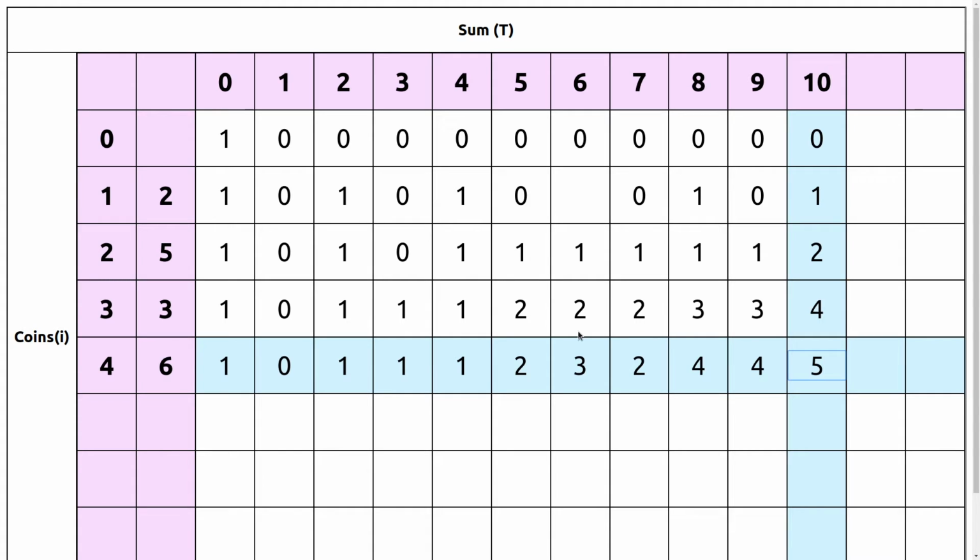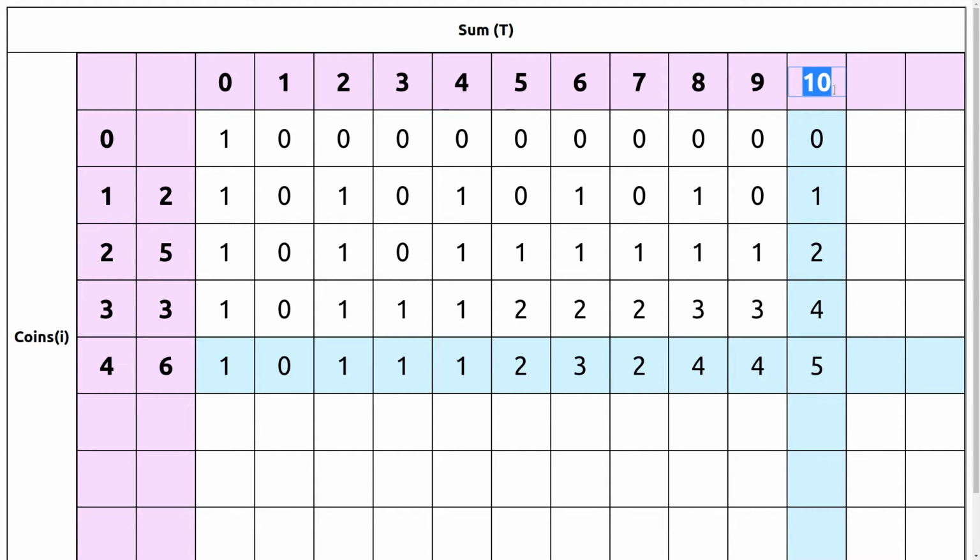Okay, here if you look at how we were using the memory space, for filling the values of every cell, we were looking at only two values. One is the value in the previous row and the value of some previous column in the same row corresponding to reduced sum, right?